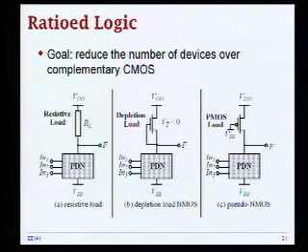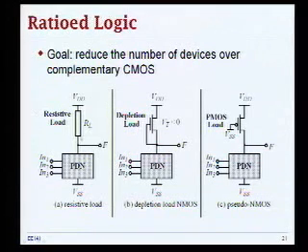And as a result, your VOL will be defined as a voltage divider between the equivalent resistance of the pull-down and this pull-up resistance. So you see that your VOL increases. So that is not good. What else is not good here? How about power? Static power, exactly. So that is also another penalty that you pay here.